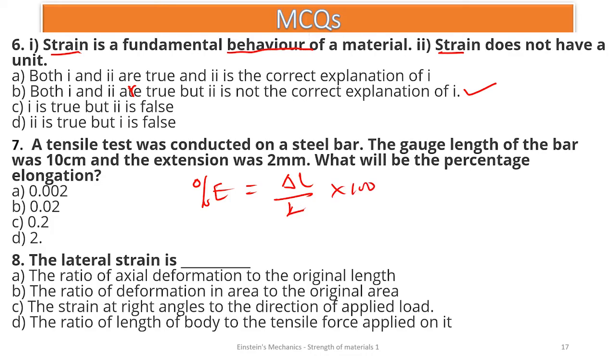So here we are going to say the change in length, the extension was 2 mm, right? So 2 mm, let's write 2 on, this is 100 mm or 10 cm. So that's going to be 100. This is mm.